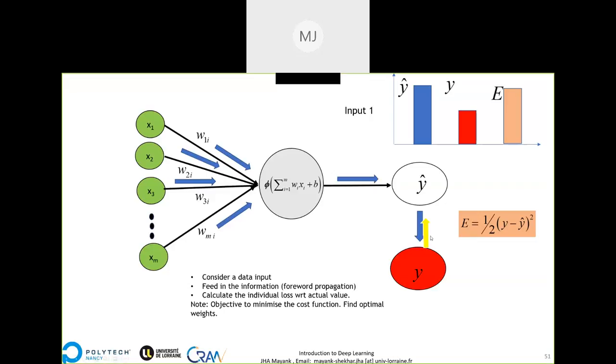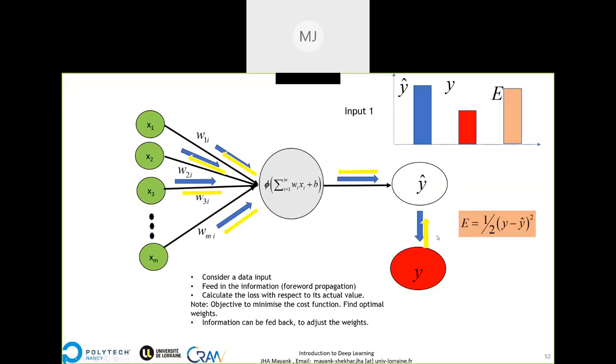So once we calculate the error, it is propagated back into the network, which is what is known as back propagation. What you're seeing in yellow is back propagation of the loss. So we have blue information propagating forwards. We take the output of the network and match it with the real output.